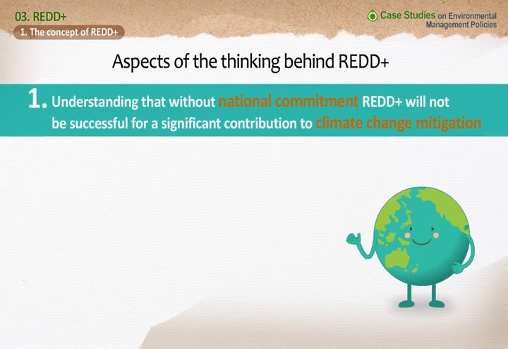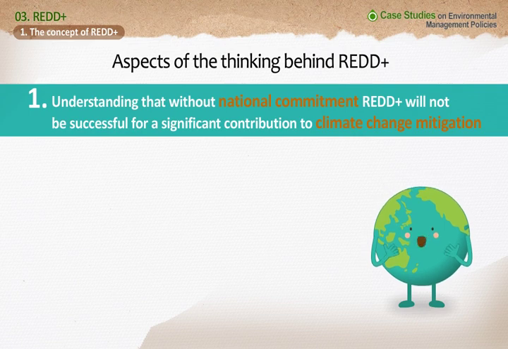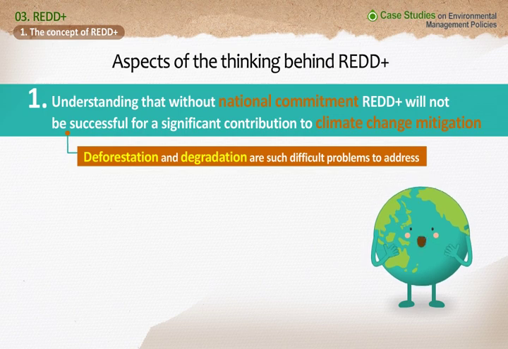First, there is an understanding that without national commitment, REDD+ will not be successful at the scale required for it to make a significant contribution to climate change mitigation, because deforestation and forest degradation have proved to be such difficult problems to address.